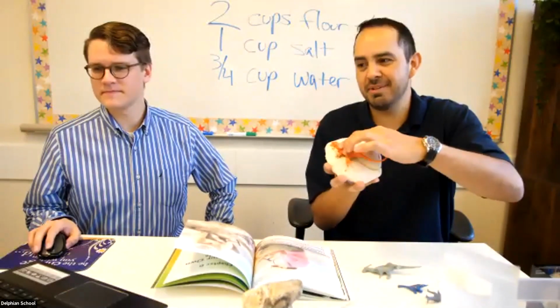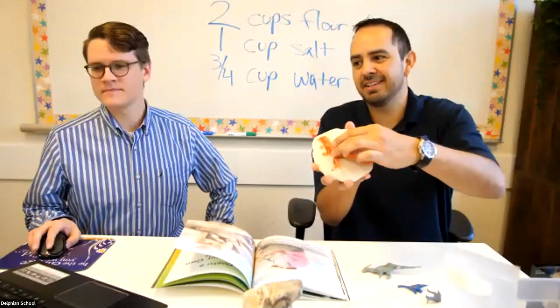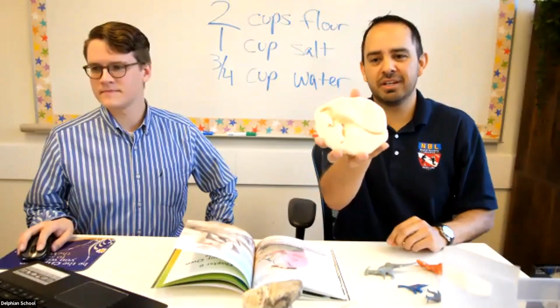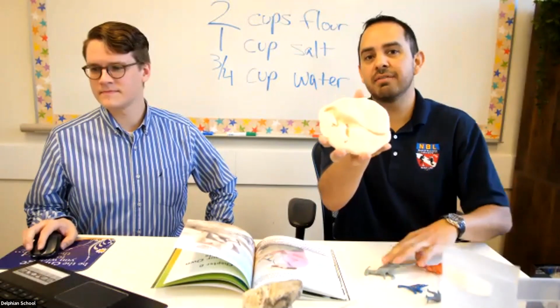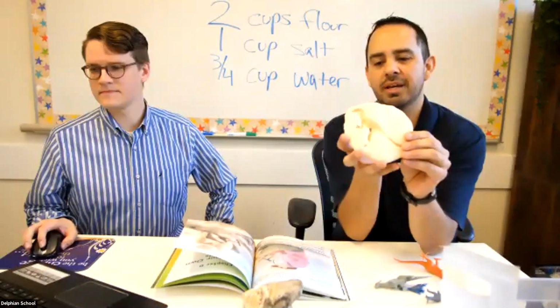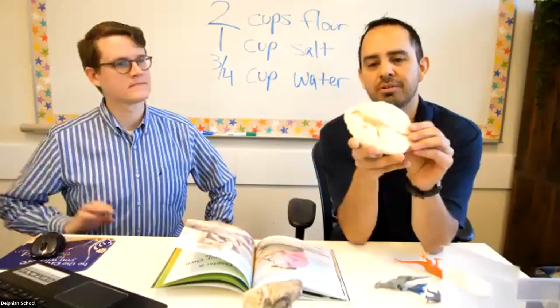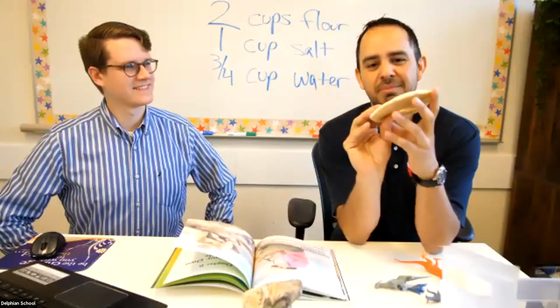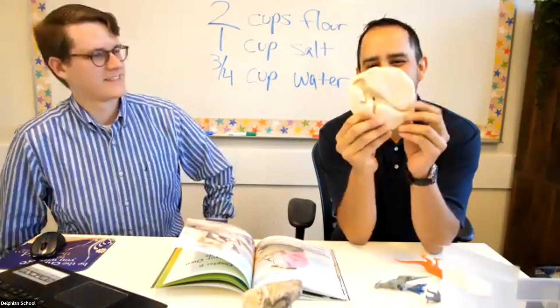You press him in there like that. And then when you take him out, you'll have this piece of Play-Doh. You put this in the oven at about 200 degrees, get a parent to help you, and it sets up like a fossil. So this is my own dinosaur fossil.